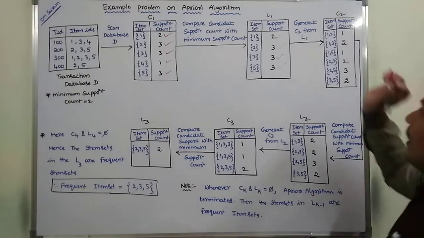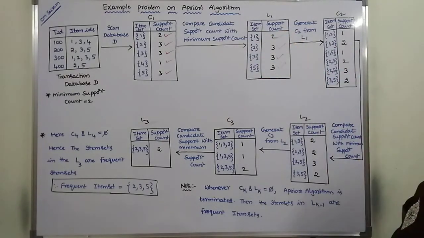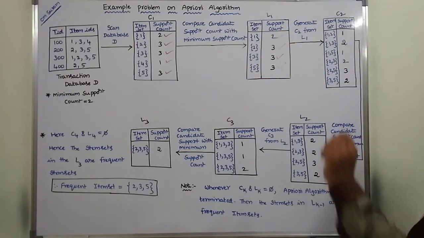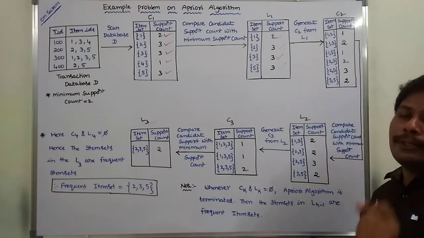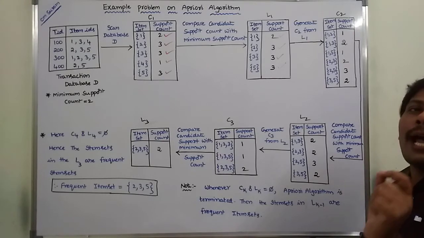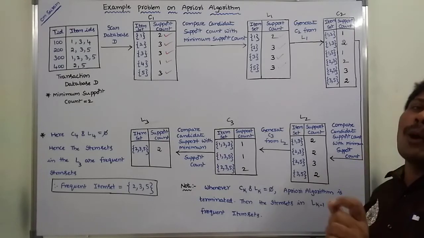Once we get L1, generate C2 from L1. C2 means candidate item set 2, where each item set contains 2 items.